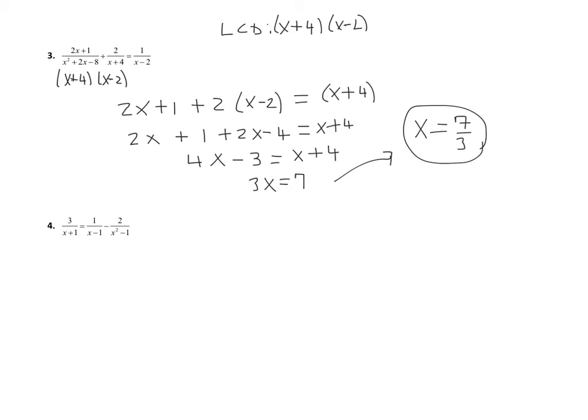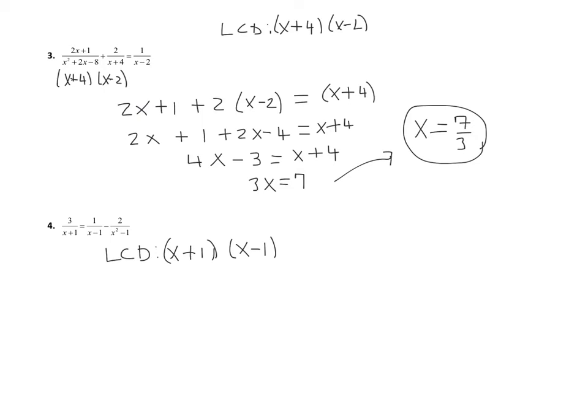Okay, we go to the next one. I find the LCD. I factor this one, and I can see the LCD will be x plus 1 and x minus 1. I'm going to multiply every term by the LCD.